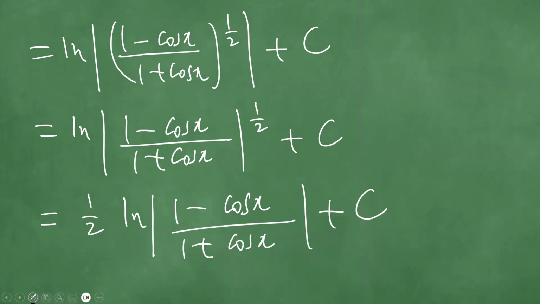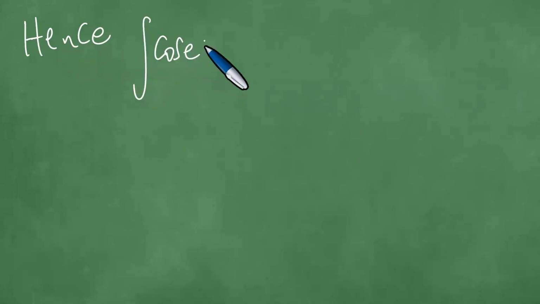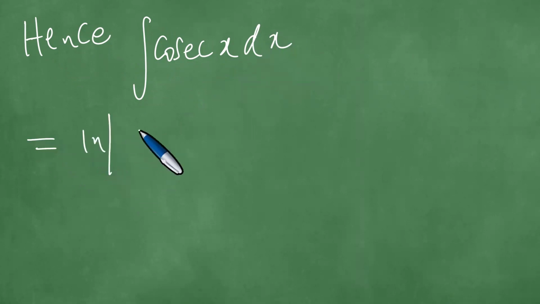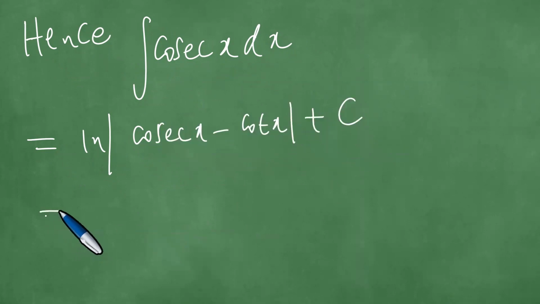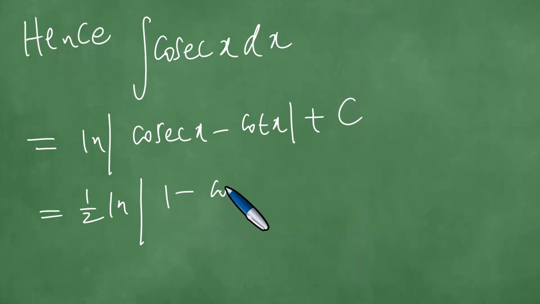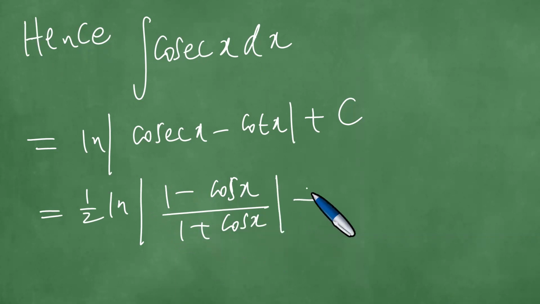So in other words, we're able to say, hence, the integral of cosecant of x with respect to x, we've already seen that it is the natural log of cosecant x minus cotangent of x plus c, but this is equal to 1/2 of the natural log of 1 minus cosine x divided by 1 plus cosine x plus c.